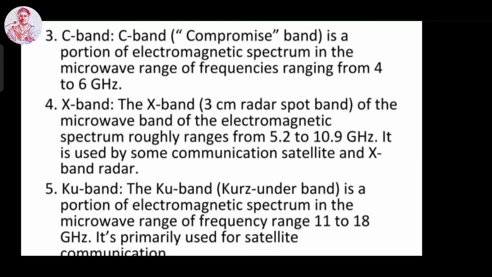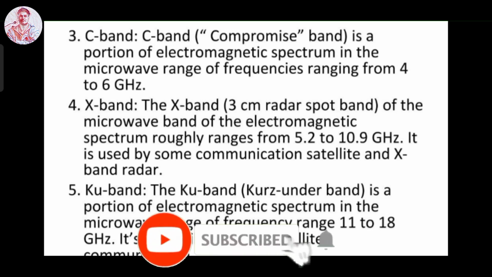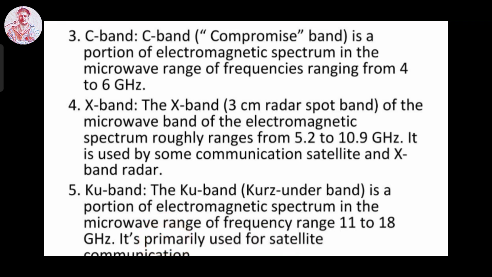Third is the C band. C is a compromise band used in various communication satellites, which ranges from 4 to 6 GHz. Fourth band is the X band. The X band is in the range of 5.2 to 10.9 GHz. It is also known as the 3 cm radar band.